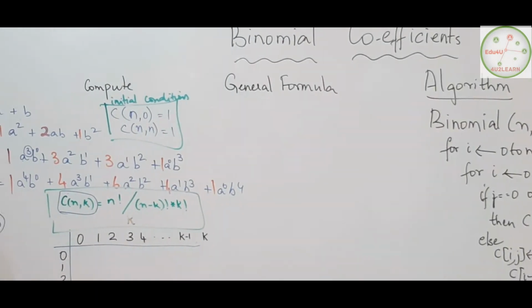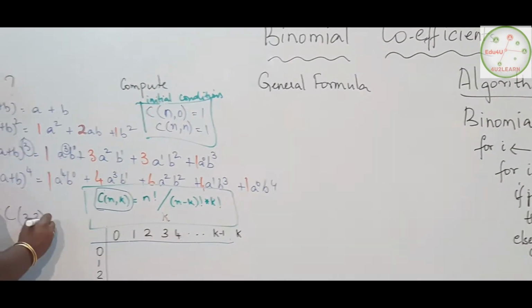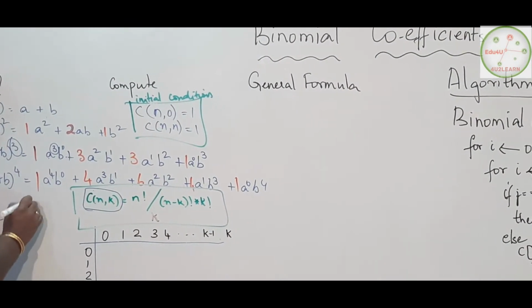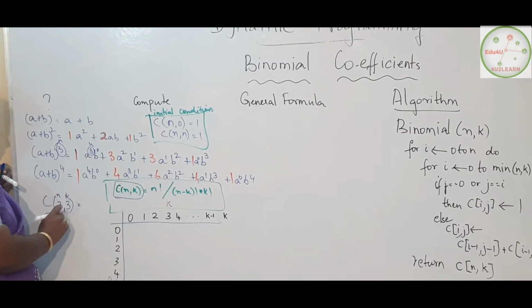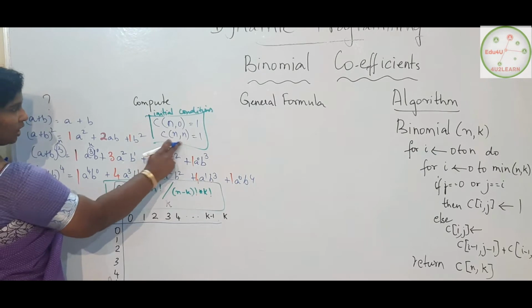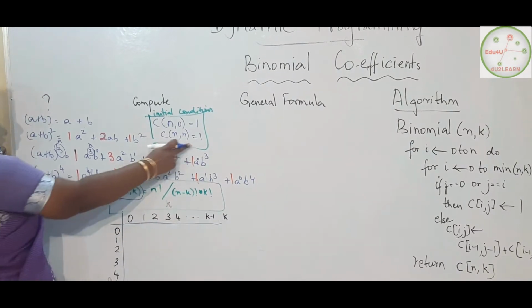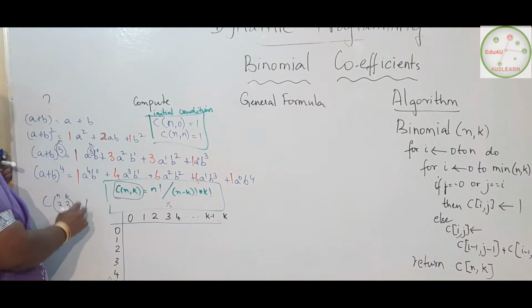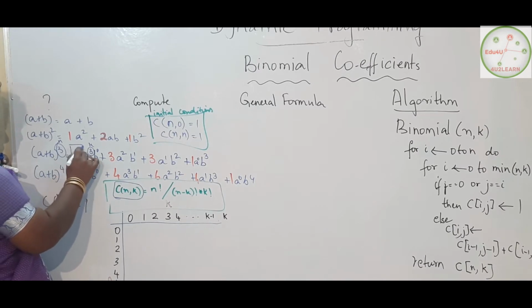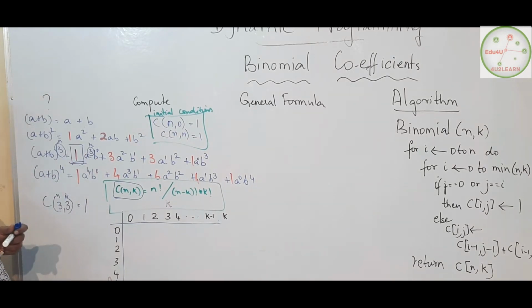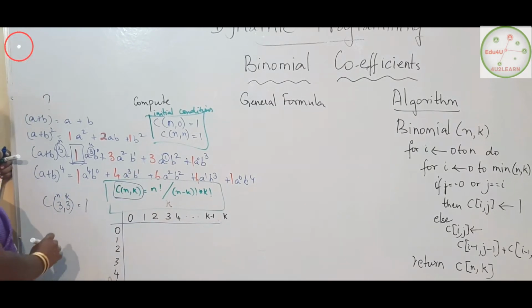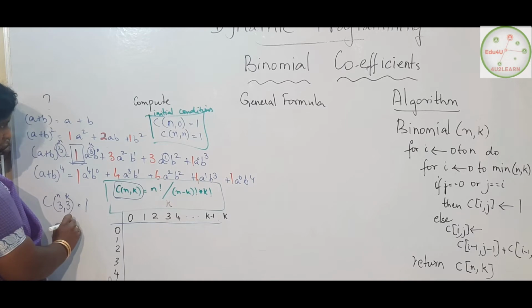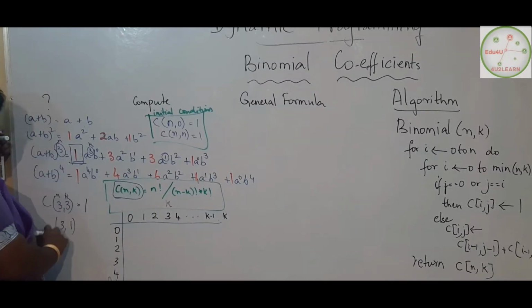When it is C 3 comma 3, this is n and this is k. This 3 comma 3 is of type n comma n. So what is the answer? It is 1, so the coefficient of this is 1. Supposing I take this one, in the place of k it is going to be 1, and in the place of n it is again 3.